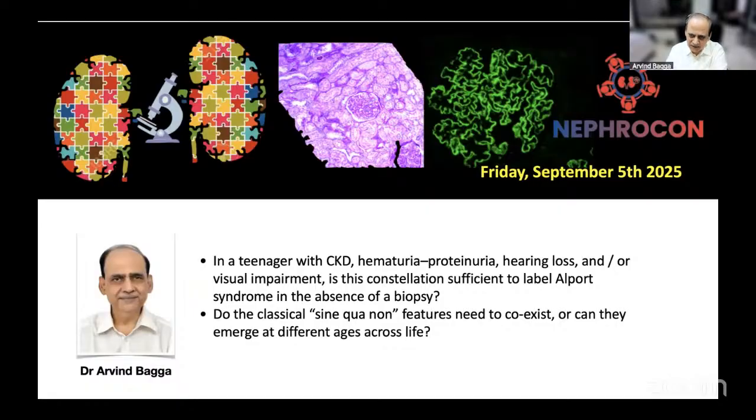Hearing loss would be overall uncommon in most chronic kidney diseases with hematuria and proteinuria. So the suspicion would be high, but I would definitely want a definitive diagnosis, either through genetics or a kidney biopsy, depending on the facilities one has.